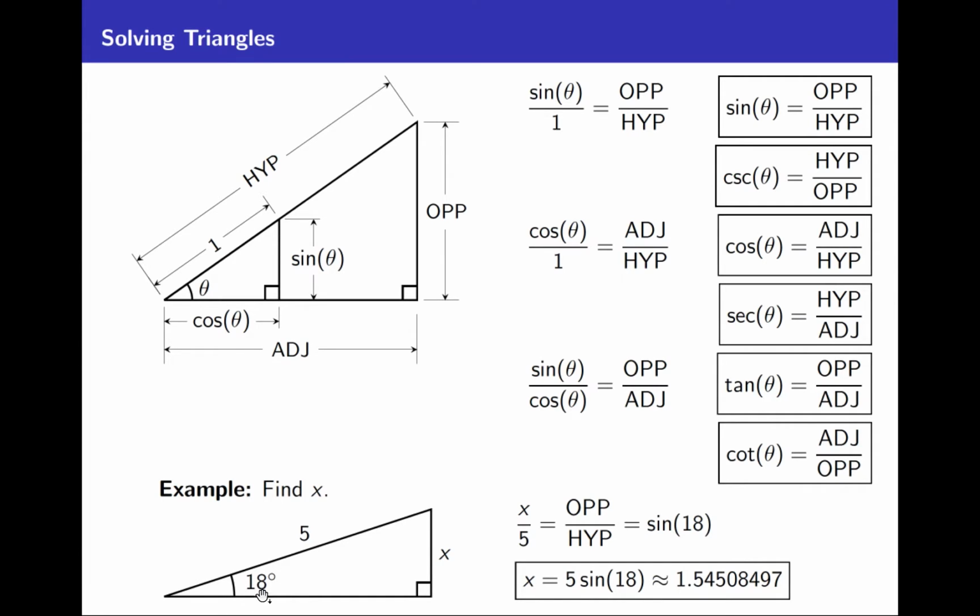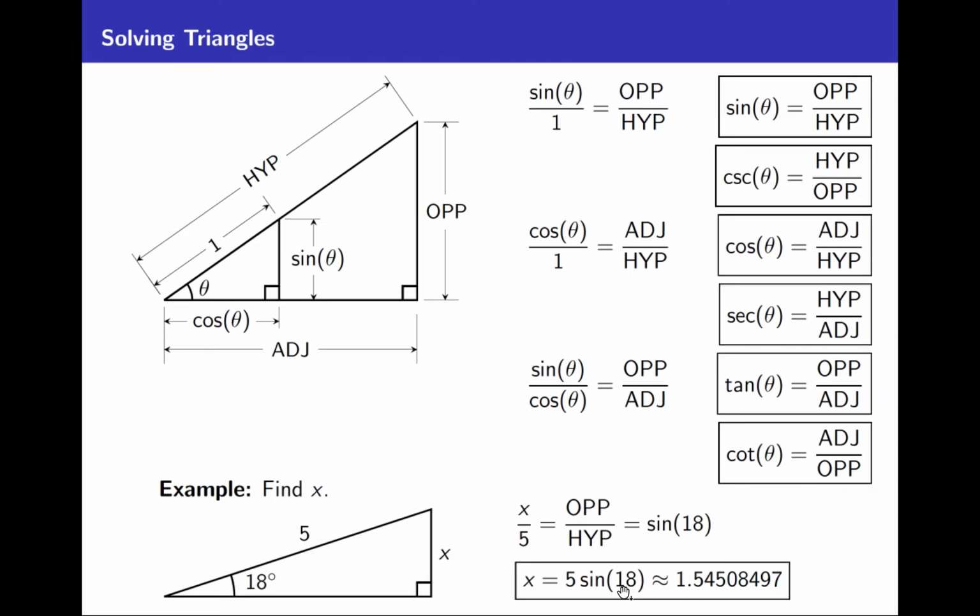And if you were thinking about this problem in terms of degrees, you'd work it out in exactly the same way, except you'd have sine of 18 rather than sine of pi over 10. You would continue getting x by multiplying both sides by 5, and then 5 times sine of 18. Now here, what's being plugged into sine is a degree measurement.